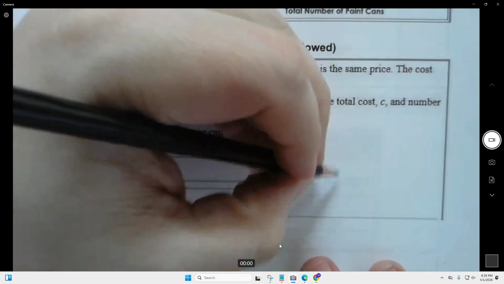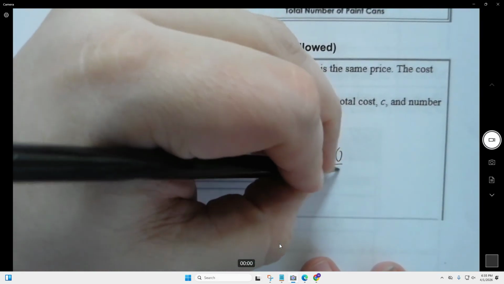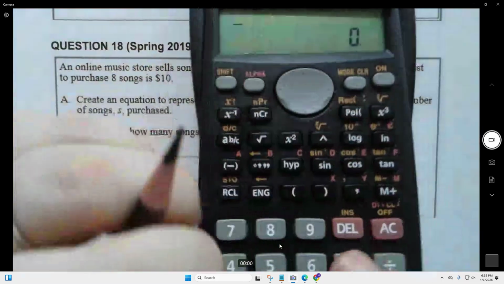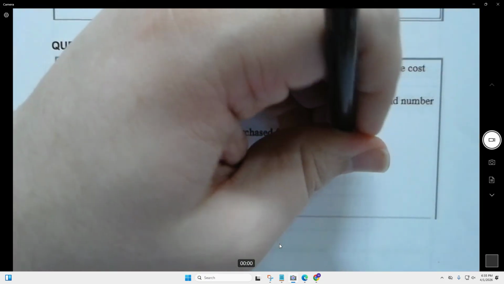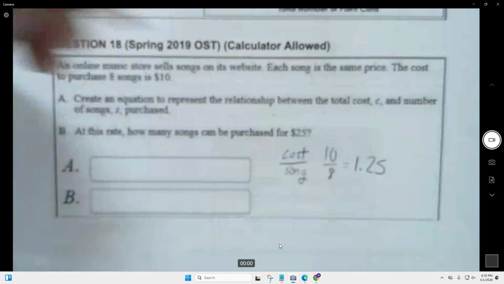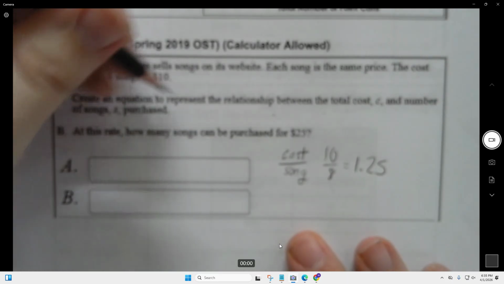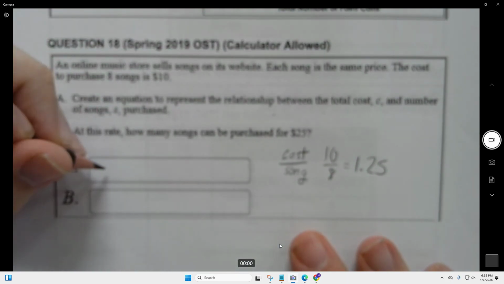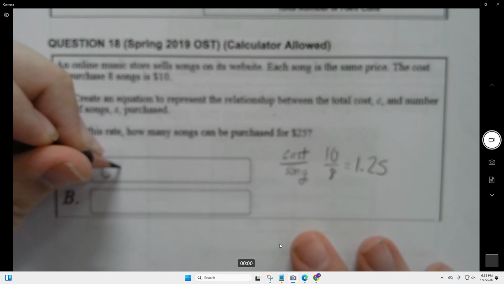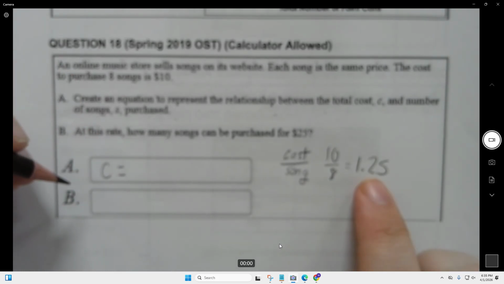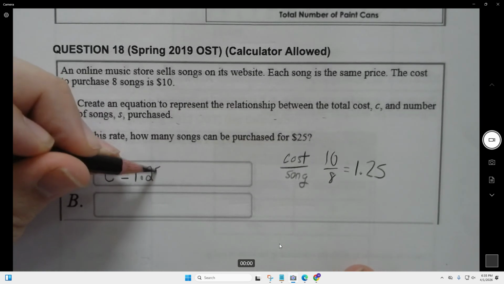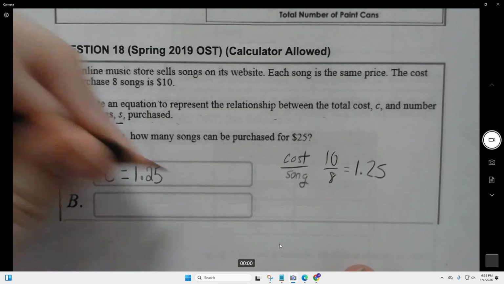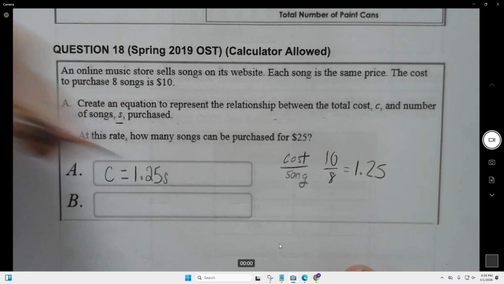If you spend $10 for 8 songs, that means you paid $1.25 per song. So the total cost, C, is equal to the amount you pay per song, which is $1.25, times the number of songs that you purchased, S.